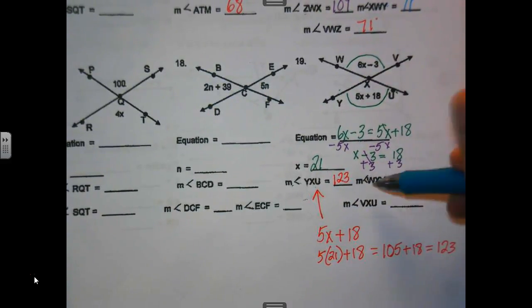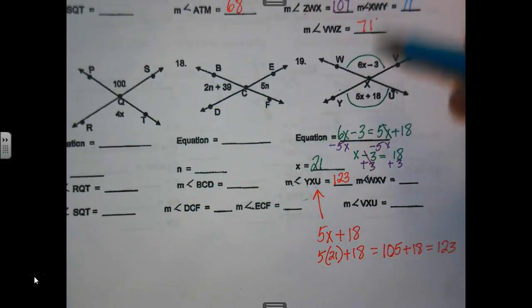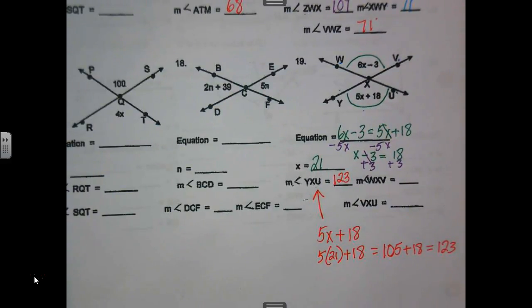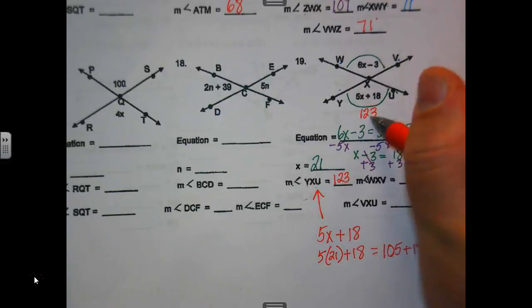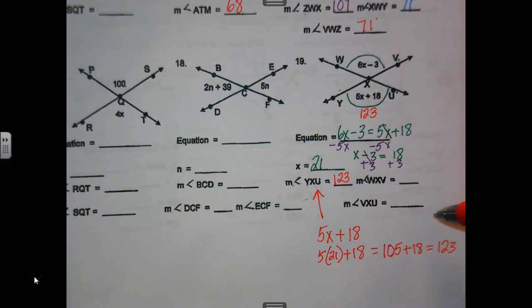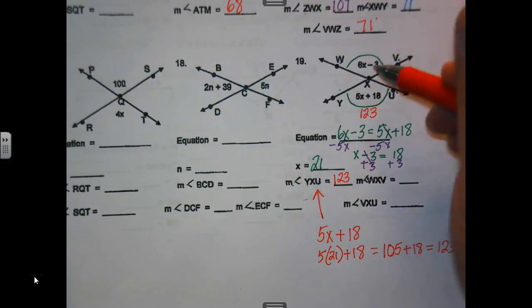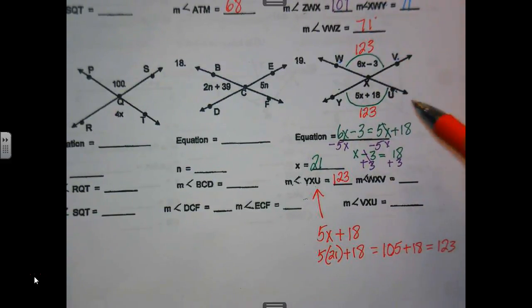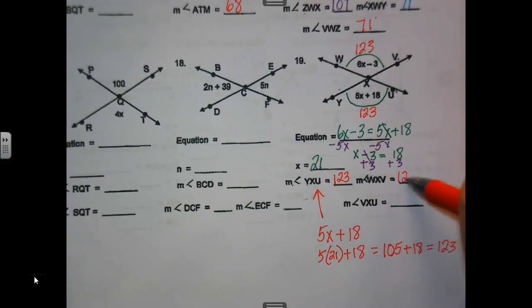They want to know the measure of angle WXV. 21 minus 3 equals, I don't know. Actually, it's 123 because they're vertical angles. Oh, yeah, you're right. What about angle BXU?